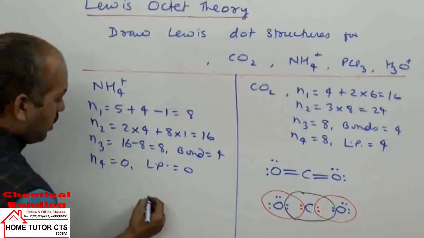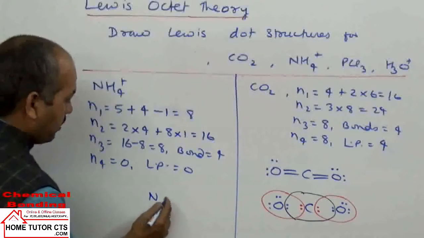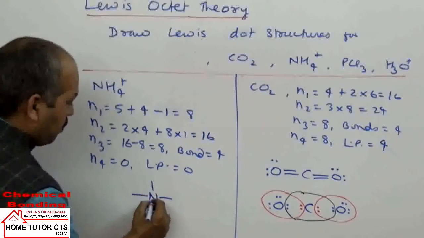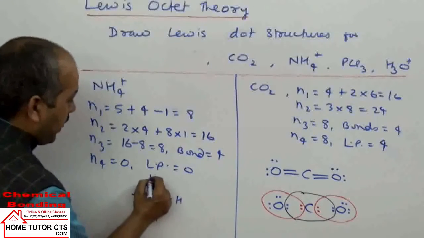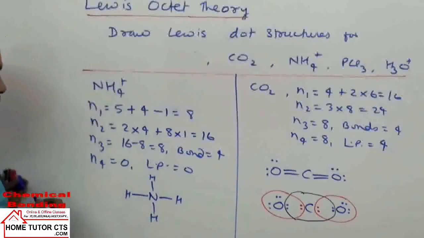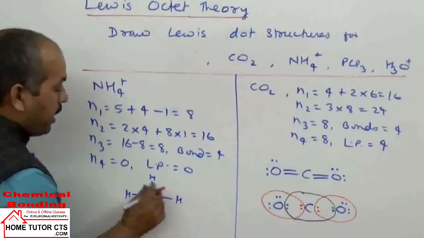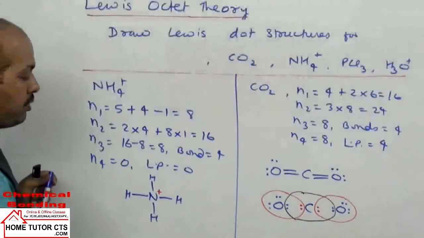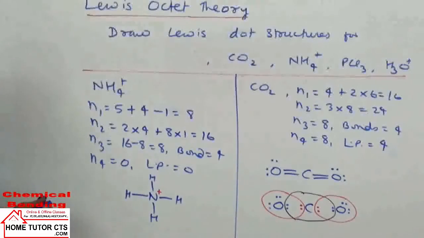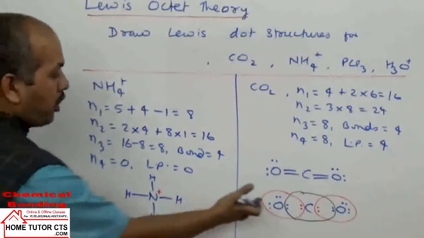So if you draw the Lewis dot structure, I can draw here 4 hydrogen, nitrogen taken as the central atom, and then the calculation of formal charge. Only nitrogen in this case will have +1 formal charge. We can draw this way or this way also.